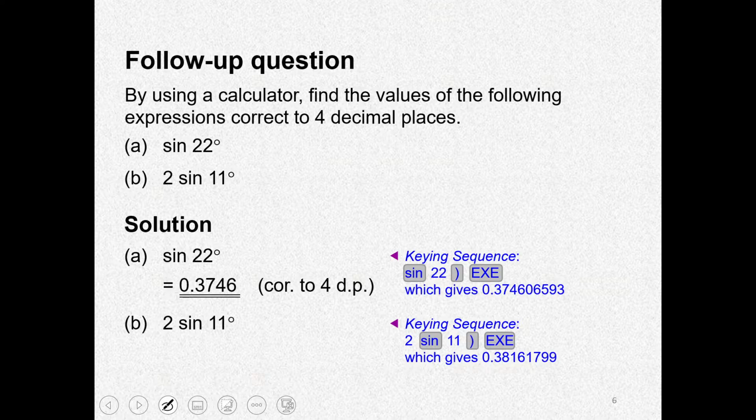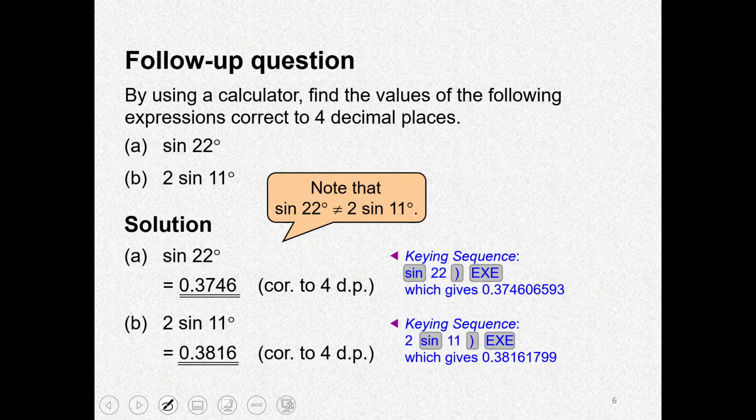Press the 2, and then press the sine, and then press the 11. And then close bracket and EXE, and then the answer should be this one. So bear in mind, okay, sine 22 degrees is not equal to 2 times sine 11 degrees.